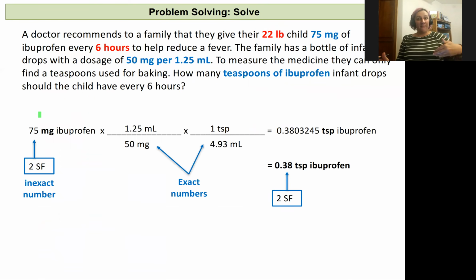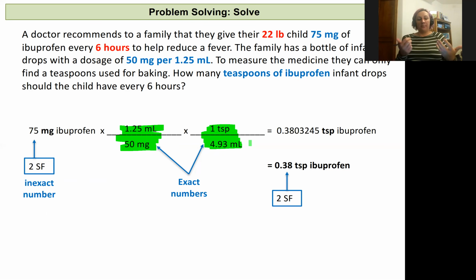Now that I have my strategy, I come in and I add my conversion factors right here, my 50 milligrams per 1.25 milliliters. And I should know where to put each of those values in our conversion factor because I already have the units outlined in the fraction. And then my 1 teaspoon per 4.93 milliliters.